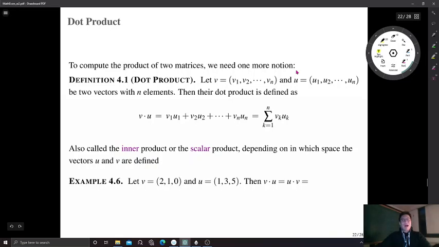So we have to know how to multiply two vectors. In the previous video, I already told you there is some relationship between matrices and vectors. And in fact, a matrix can be thought of as an array of vectors.